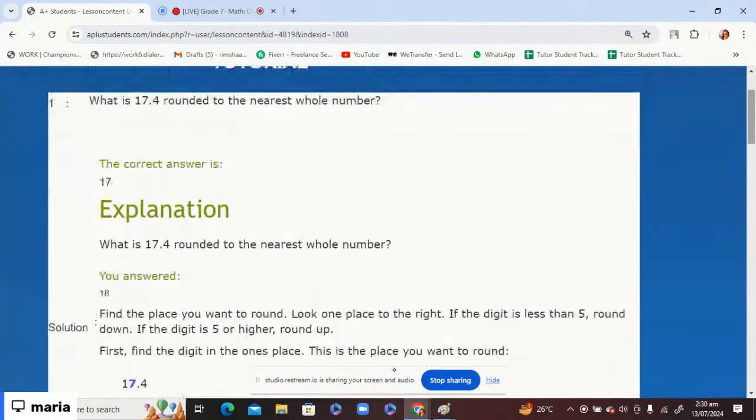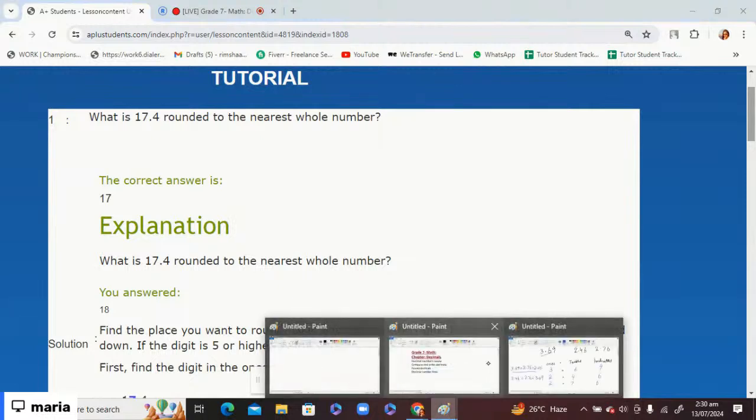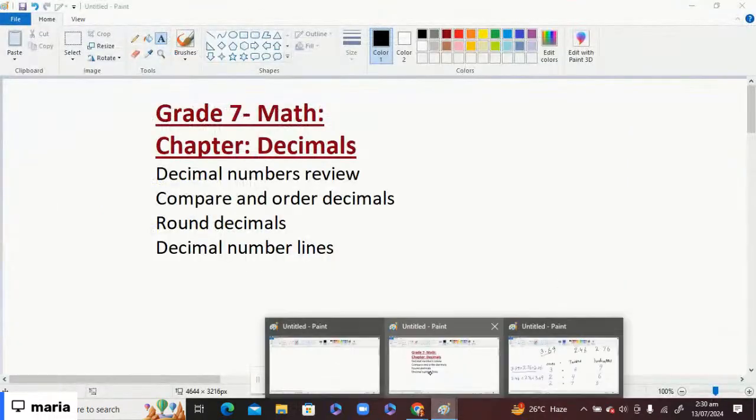Now look at here. What is 17.4 rounded to the nearest whole number? When they say nearest whole number, what does it mean? It means that you are going to round, you are going to check the digit after the decimal.